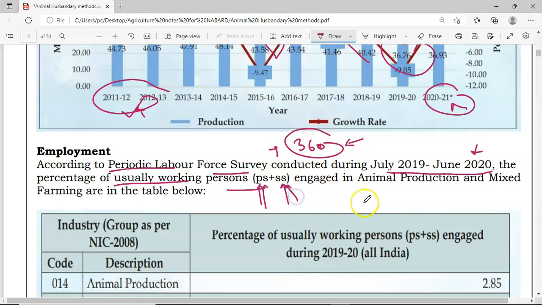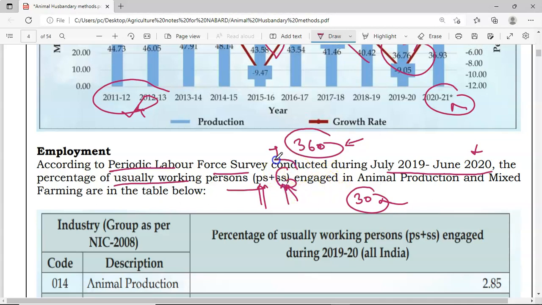And the subsidiary status is, in the last 360 days, if any person has worked for 30 days and has contributed in the earning or in the national income or in the GVA, then we can say that it is a subsidiary status.